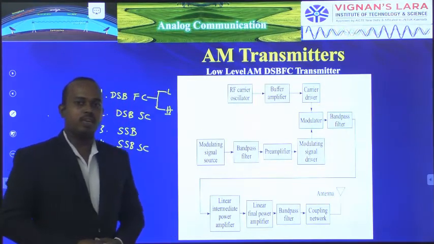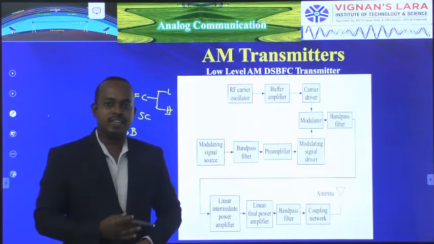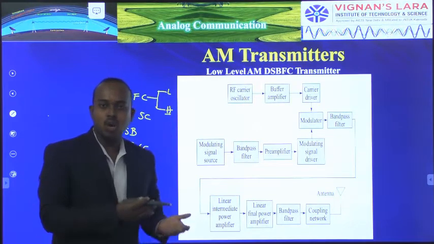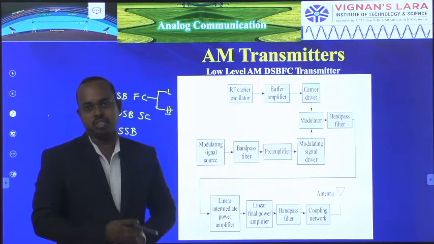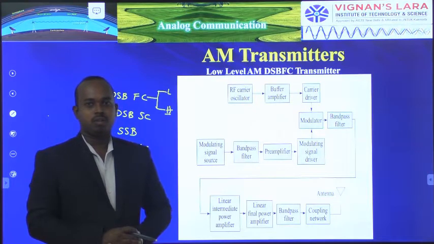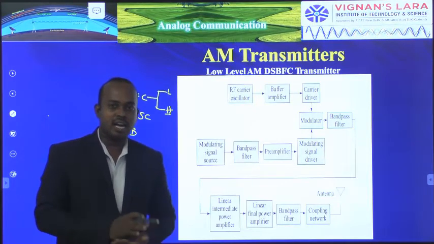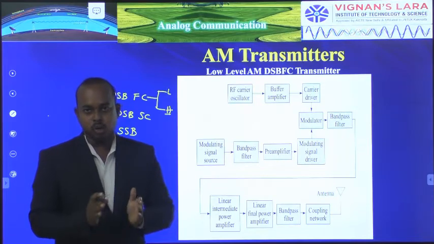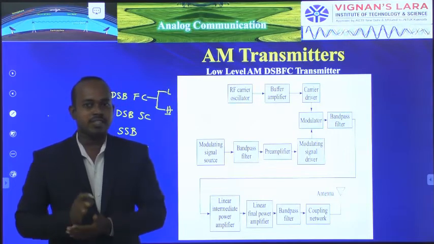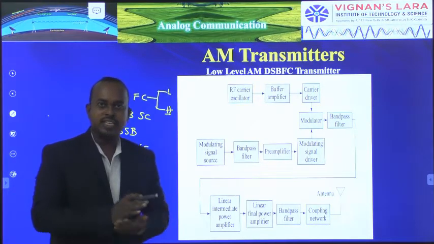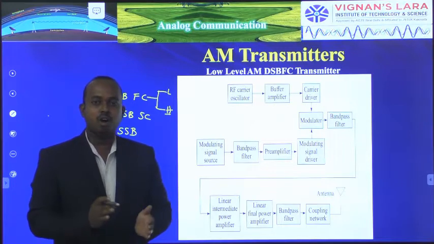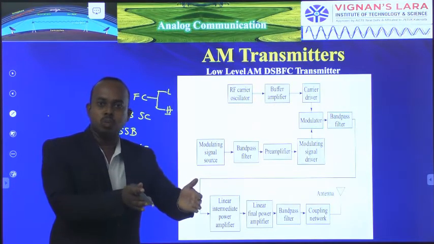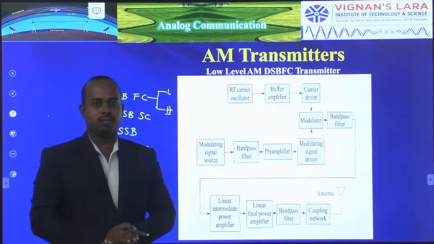First of all, let us see the building blocks of the low level AM DSBFC transmitter. In it we mainly have two signals: one is the modulating signal and the other is the carrier signal. We add the modulating signal to the carrier signal.